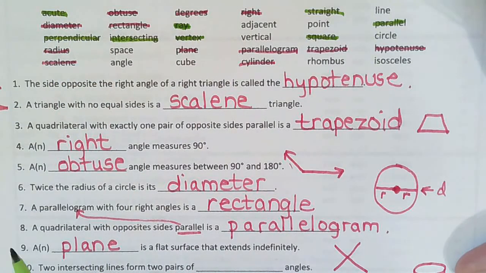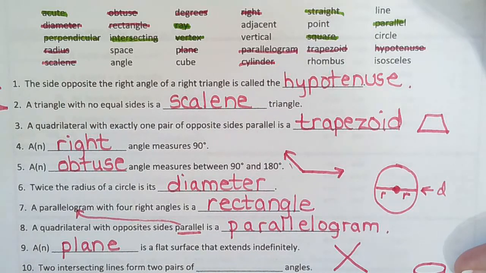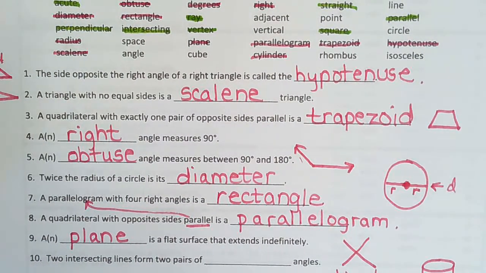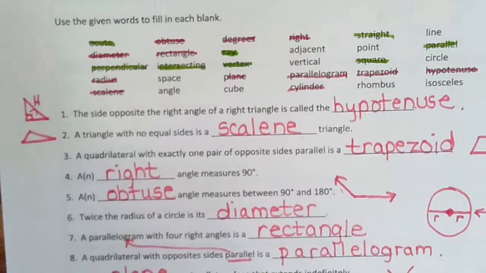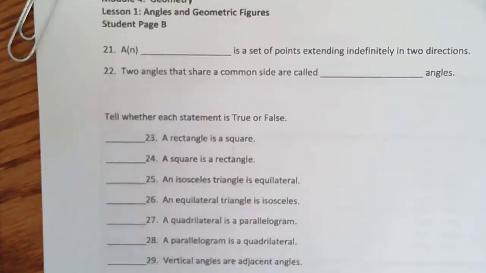Let's say two intersecting lines form two pairs of adjacent would be 1, 2. I think it's going to be vertical, but let's wait, okay? Pretty sure it's going to be vertical. Okay, let's go to the back side. Keep this page handy though, because we're going to need to still continue to cross it out.